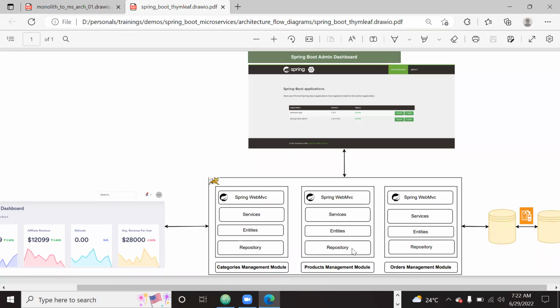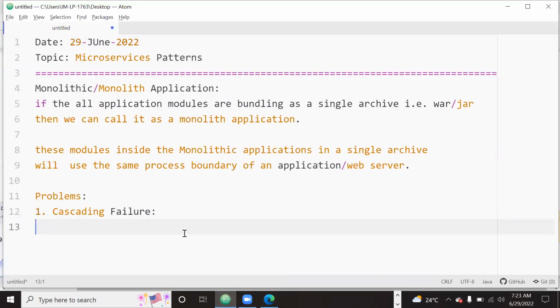The products module is doing good, the categories module is doing good, but though they are good, the issue in orders management causes this application process to be killed, and as a result, the other modules also won't be accessible. So this is called cascading failures.